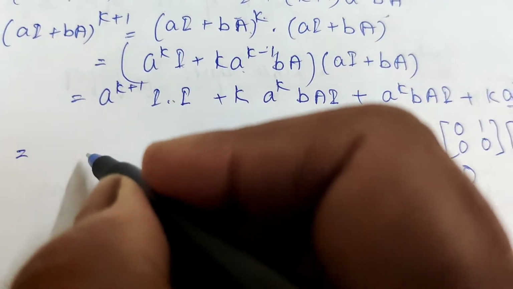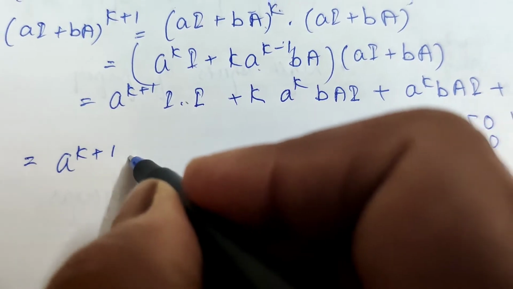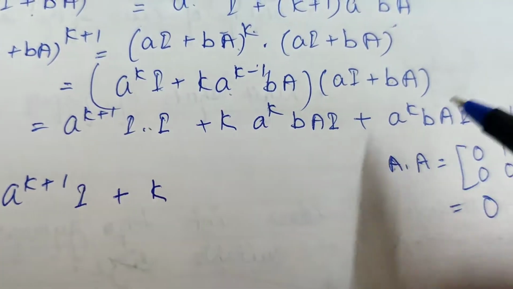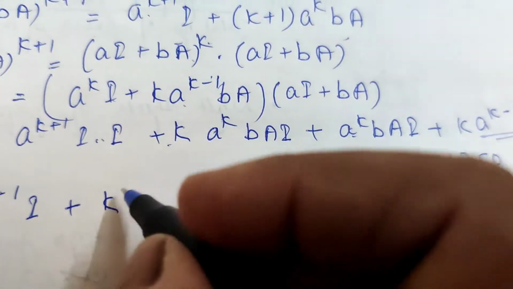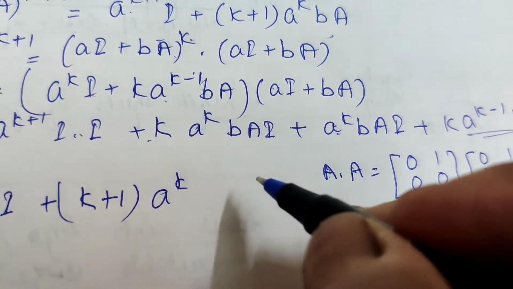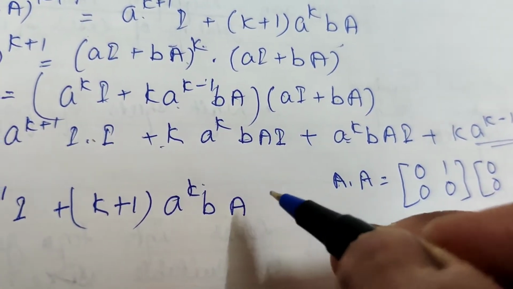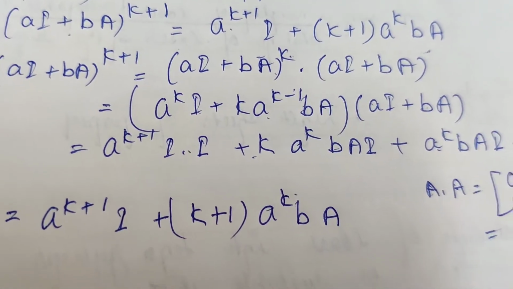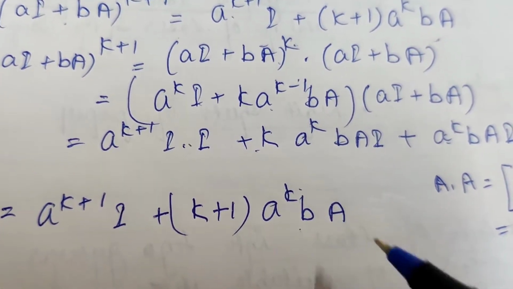Now the last: a^(k+1) into I plus, taking (k+1) common, (k+1) a^k bA. Okay, a^(k+1) I and (k+1) a^k bA.